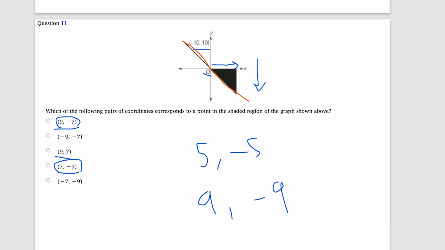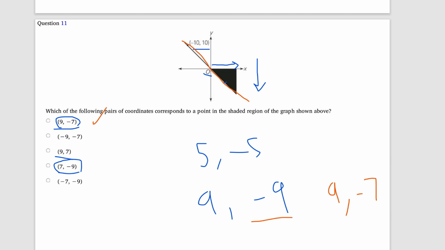If it's above that line, the shaded part, it means the y-coordinate must be higher. So it must be something, not (9, minus 9), that would be on the line. It must be something like A, (9, minus 7), which fits because the y-coordinate is slightly higher than we'd expect on the line, which means it's above that line.